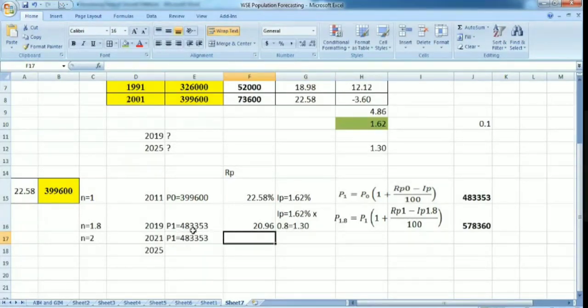It is 19.34. Why? Try to understand. It is the same, sir, 20.96. Yes. Why?